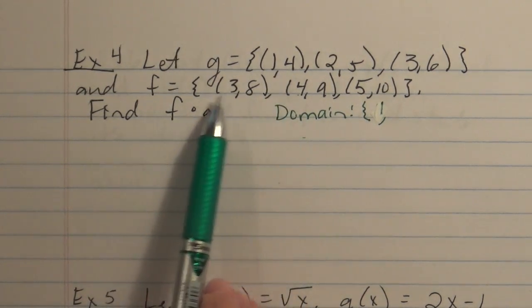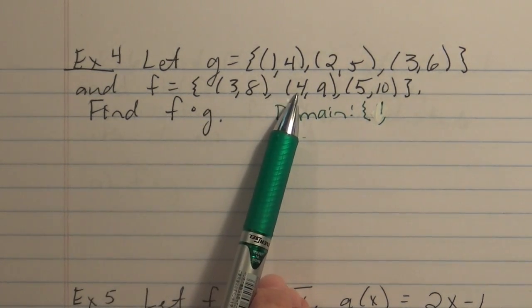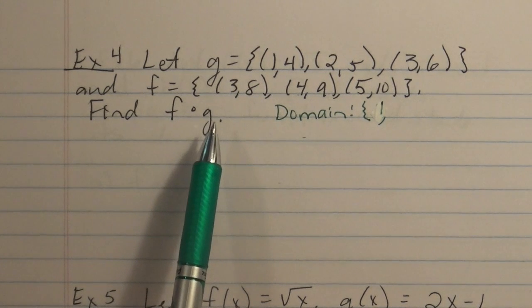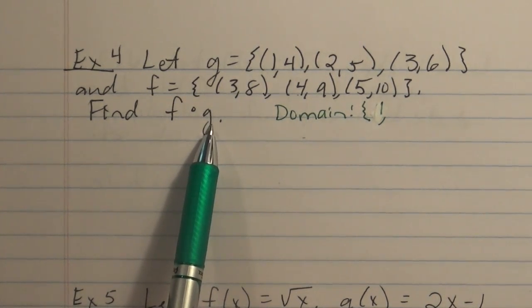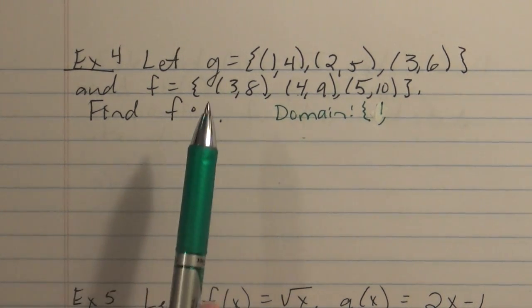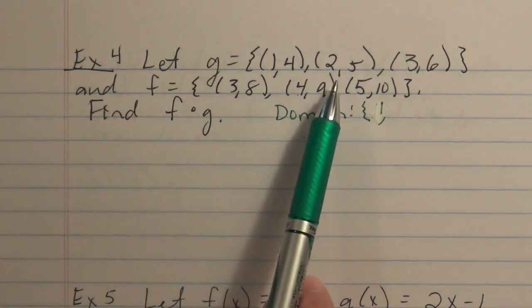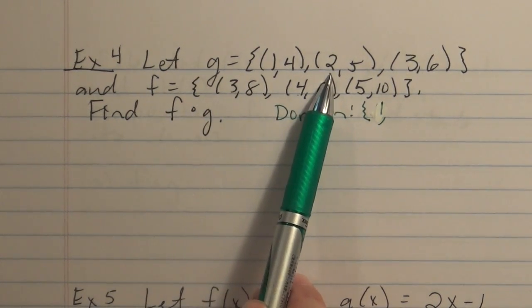So go to the f function, and we do have an x value of 4, so we can calculate f composite g of 1. And then go back to the g function again, because it's the one on the right. Remember, the definition is telling us to substitute the g function into the f function. So going back to the original g function, the next x value that we come to is 2.